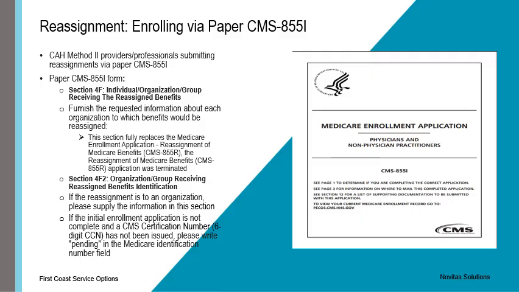If the reassignment is to the organization, please supply the information in this section. If the initial enrollment application is not complete and a CMS certification number, that's your CCN 6-digit number, has not been issued, please write pending in the Medicare identification number field.